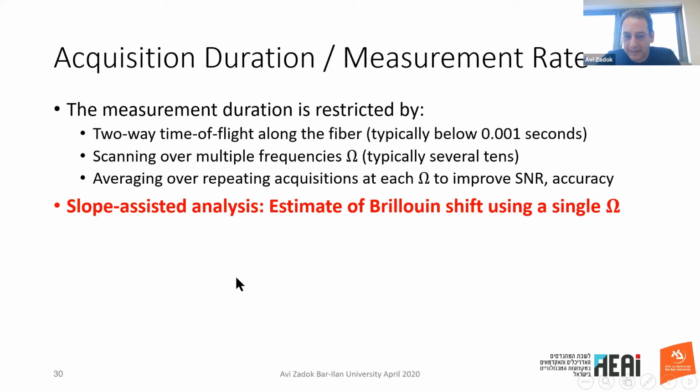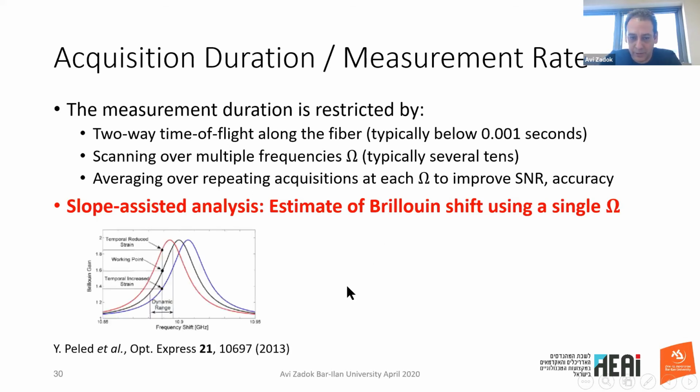One way to battle this is to maybe do away with the scanning of omegas. What if we could get the same information, or at least close to that, without scanning over omegas? And these techniques are called slope-assisted measurements. And here I refer to the Tur group of Tel Aviv once again.